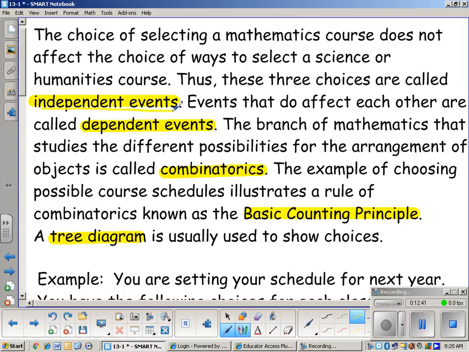Okay? Dependent events are events that are affected by the choices you make. A good example of that is if I have a deck of cards and you draw out the ace of hearts, does that affect what's left in the deck to draw the second time?